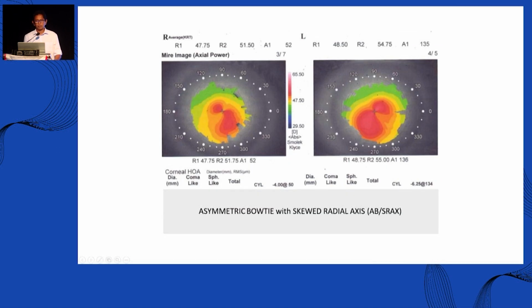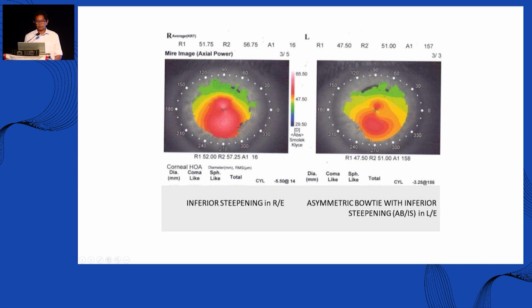And this is a wavefront analysis topography which has an asymmetric bow tie with a skewed radial axis. There is inferior steepening on one side and an asymmetrical bow tie with inferior steepening in the other eye.